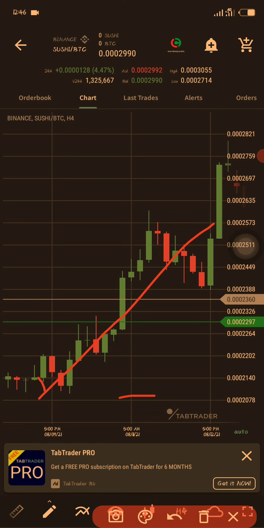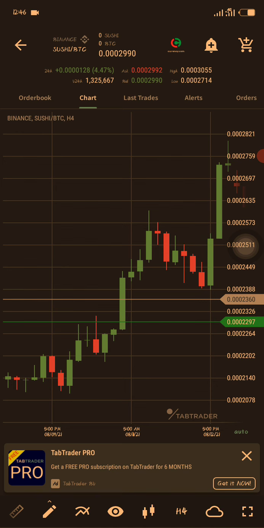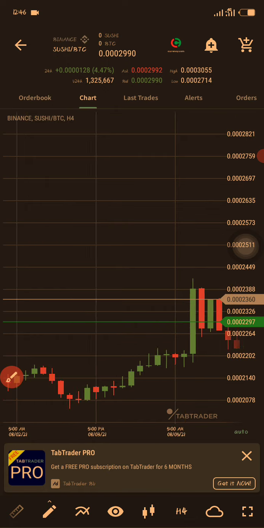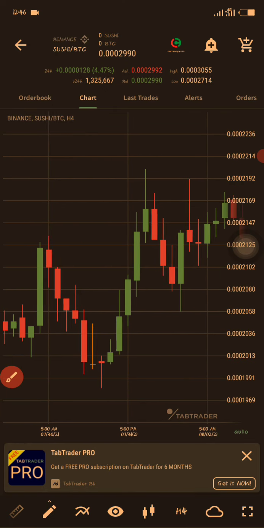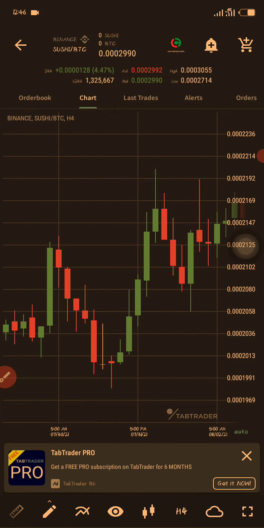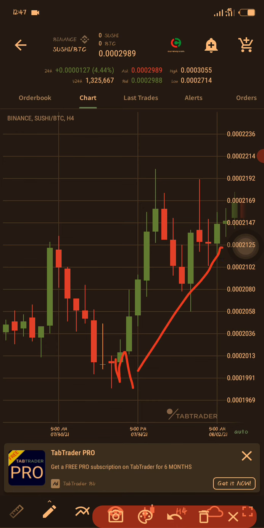You see that's the result of an inverted hammer. Let's go further. Let me explain more. This is an inverted hammer. It was formed during a bearish downtrend, and look at the outcome.